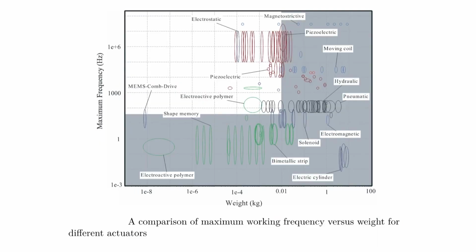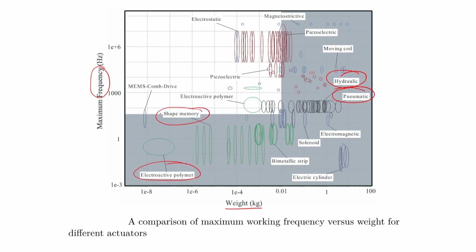Now, this is the stroke versus force comparison. Let us look into another comparison, which is weight versus frequency. If we want to go for a system where weight penalty is not of our concern, then we can go for hydraulic or pneumatic systems, because they are much heavier in nature. If you want to go for a low weight system, then I think electroactive polymer is a good choice, and even SMA is also a good choice.